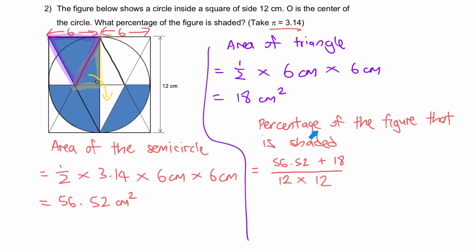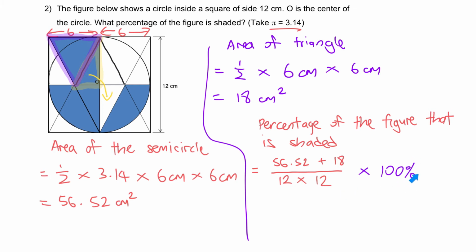However, in this case, they want the percentage answer. So we're going to convert this fraction answer into percentage. And how do we convert fraction to percentage? We multiply it by 100%. Take note, when you key this whole thing into the calculator, do not type in the percentage symbol.